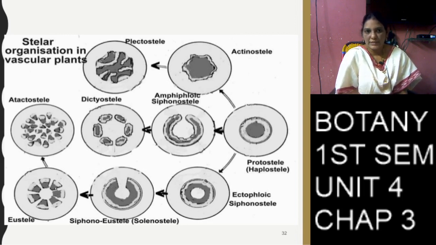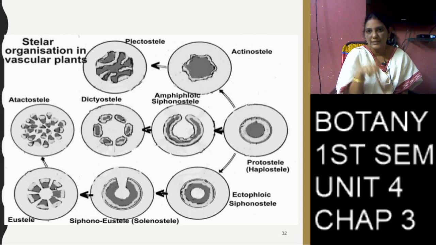So next one is polycyclic eustele. Here eustele has only one cycle, one ring-like structure. Polycyclic eustele has so many cycles, so many rings.